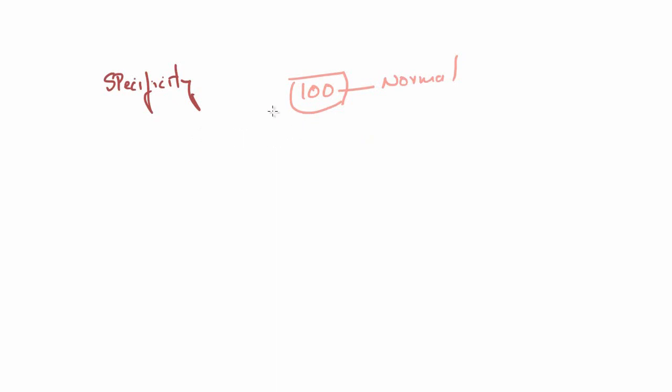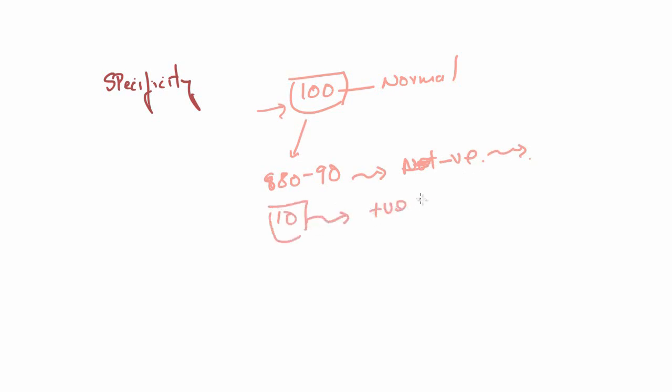If we do rapid tests on these 100 patients, as of now something like 80 to 90% of the time it is showing these people are not having infection, negative, which is really good. But on 10 occasions, even though they are not having infection, it is identifying them as positive. This is what specificity indicates.